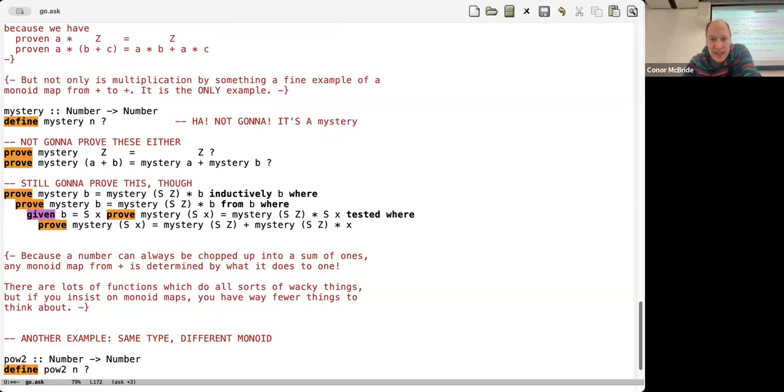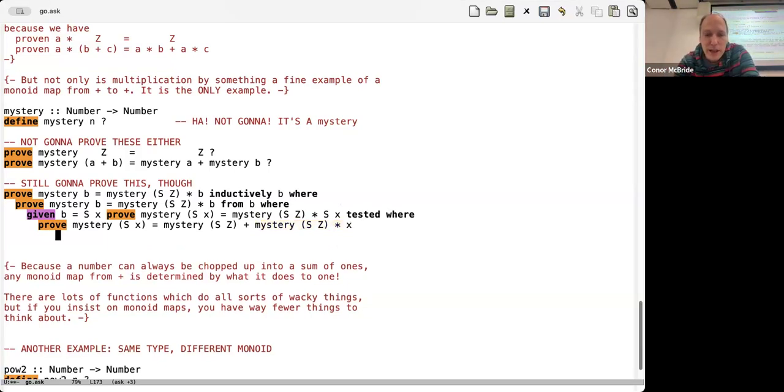And so if you look here on the right-hand side, there's something called mystery of successor of Z times X, which is half of the inductive hypothesis. So why not stick the inductive hypothesis in by rewriting? Yes, by rewrite, indeed. Very good.